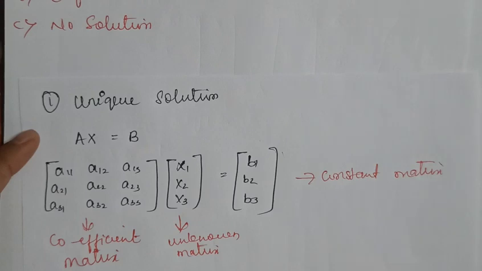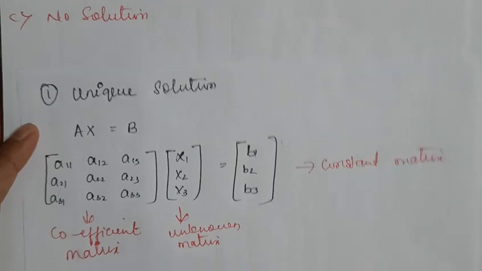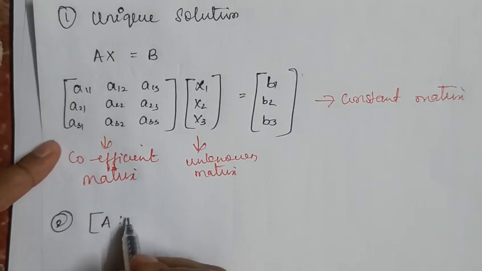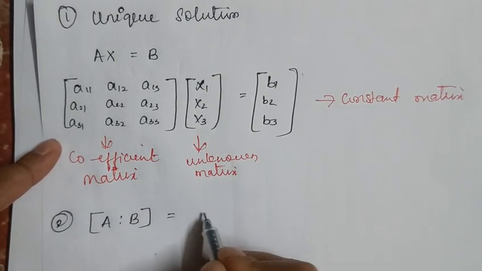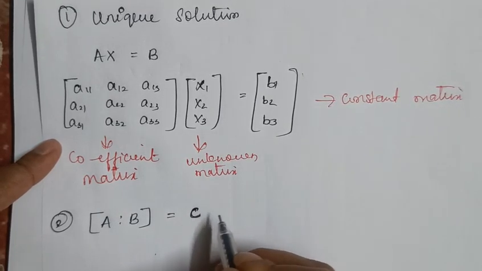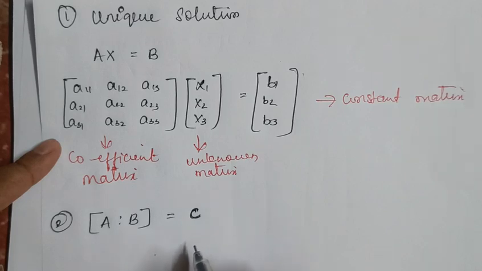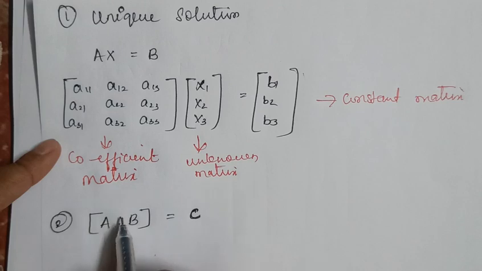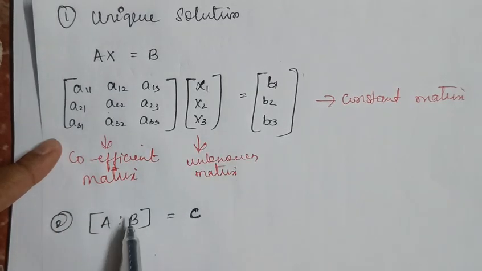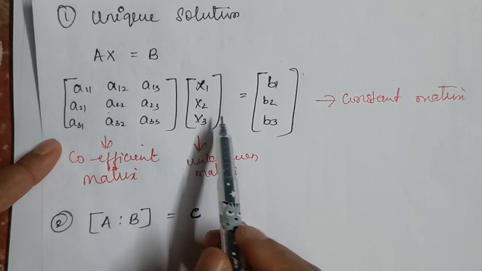Now we will see what the augmented matrix is. The augmented matrix is A augmented with B, which is equal to, consider, C here.